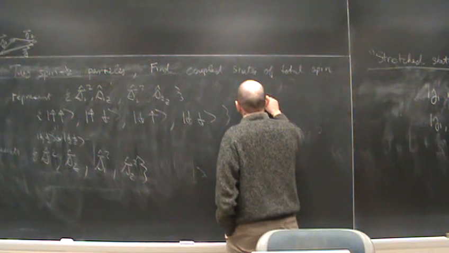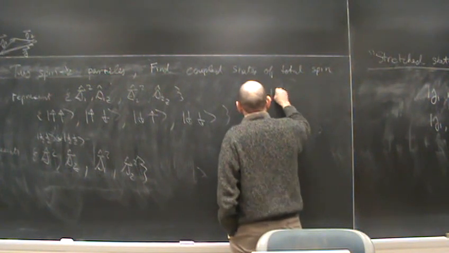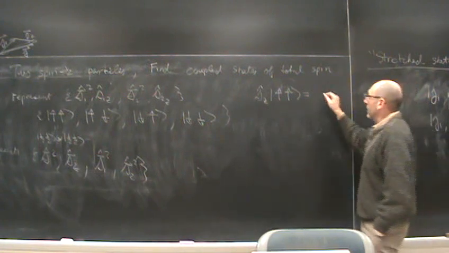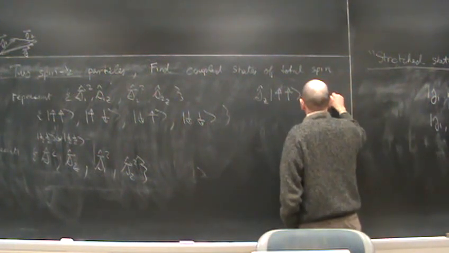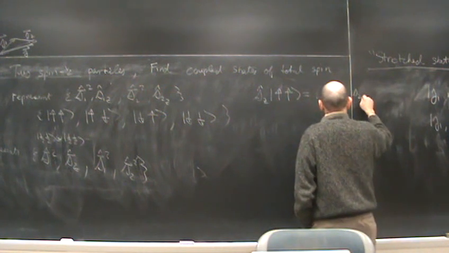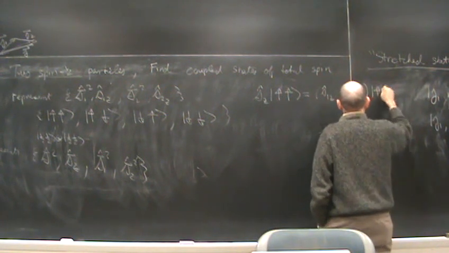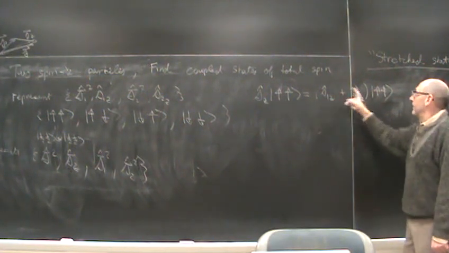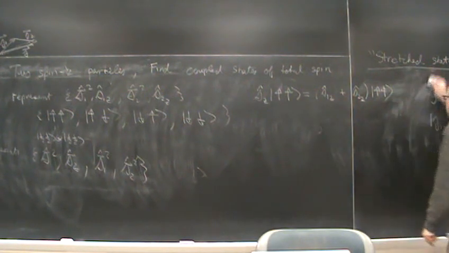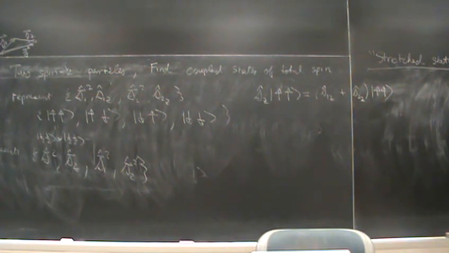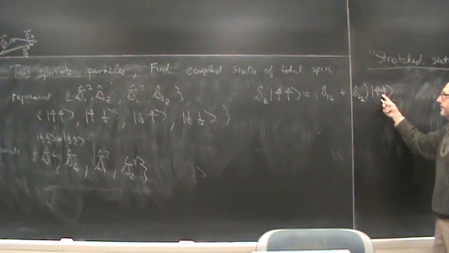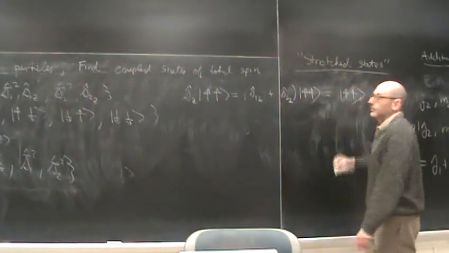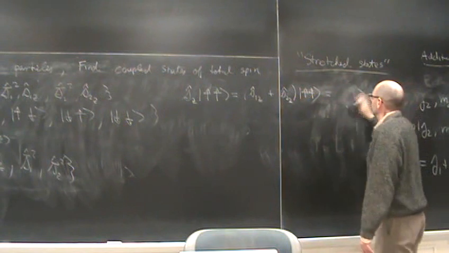So Sz acting on up, up, right? Of course, that's a shorthand for S1z plus S2z acting on up, up. S1z acting on a state gives me a half. S2z acting on the state gives me a half, so this is that, right? It's a half plus a half.